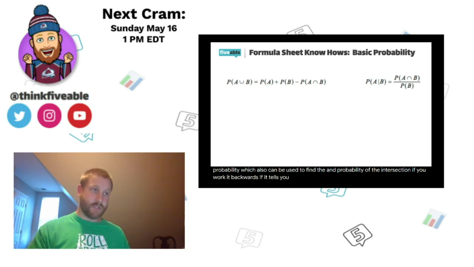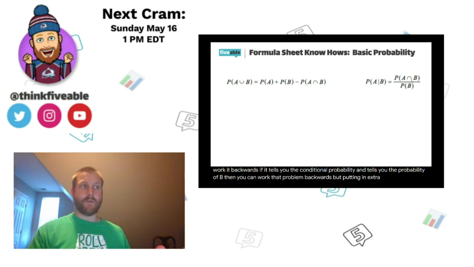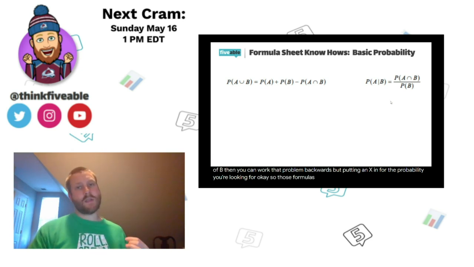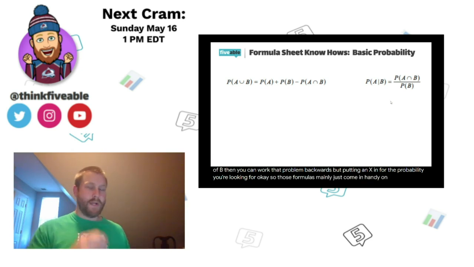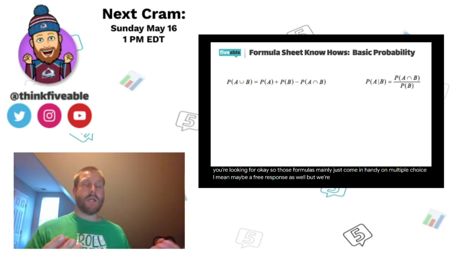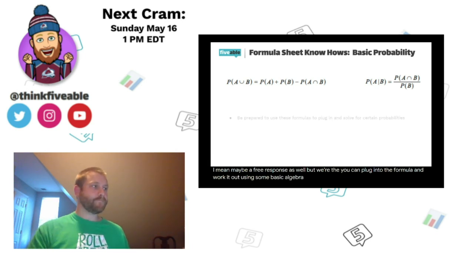If it tells you the conditional probability and tells you the probability of B, then you can work that problem backwards by putting an x in for the probability you're looking for. Okay, so those formulas mainly just come in handy on multiple choice, maybe a free response as well, but where it just gives you generalized probability of A, probability of B, you can plug into the formula and work it out using some basic algebra. Okay.